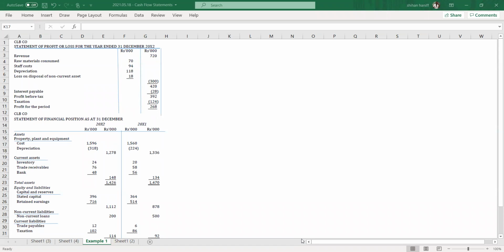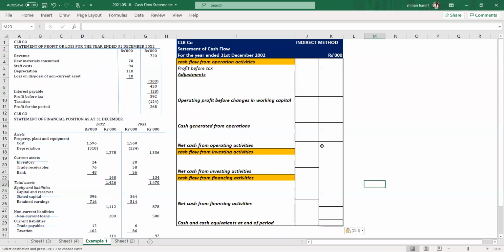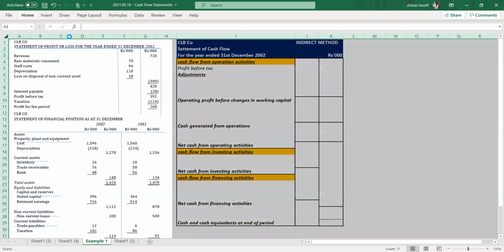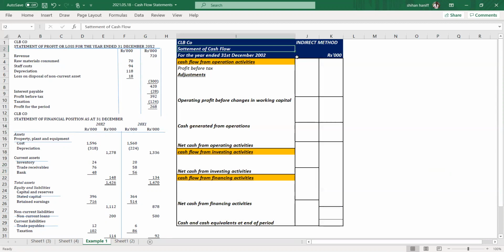So I want you to draw a format. So here is the format. CLB company, statement of cash flow. We are doing indirect method.